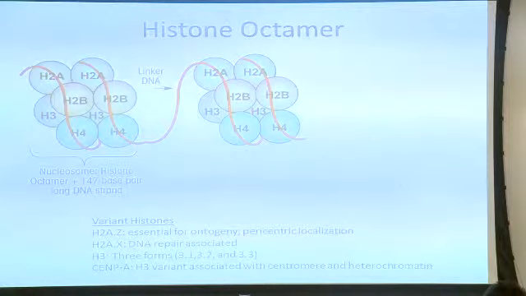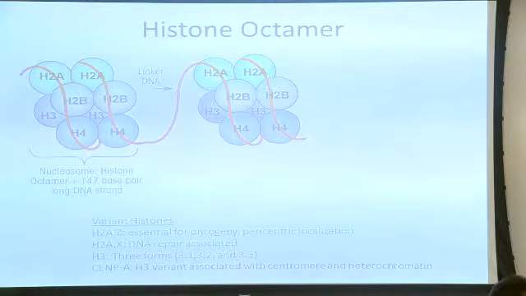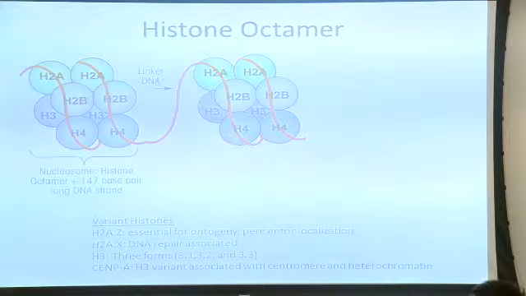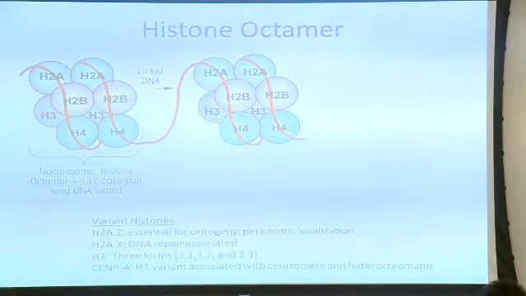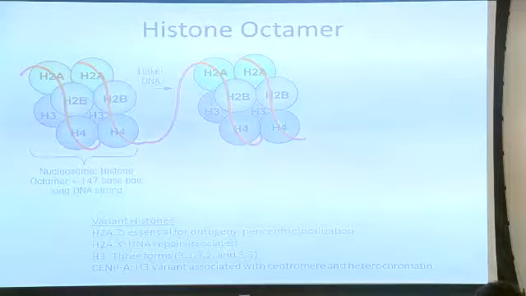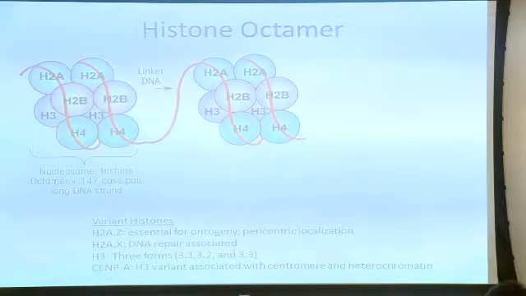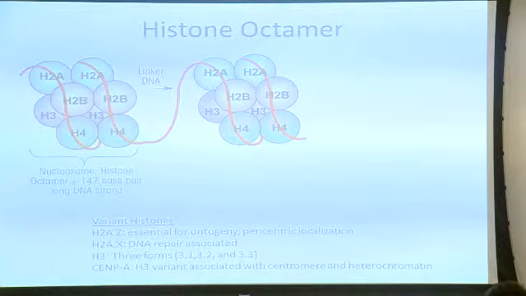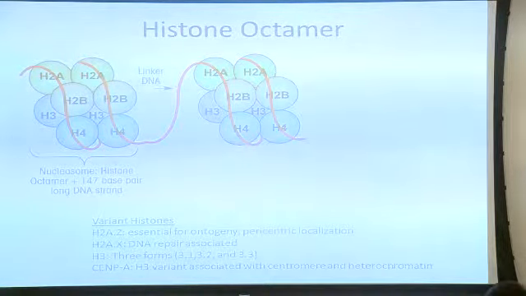So, taking a step closer to what is chromatin, the key protein component of chromatin are histones. Histones are organized into octamers of these four subunits, with DNA wound around.